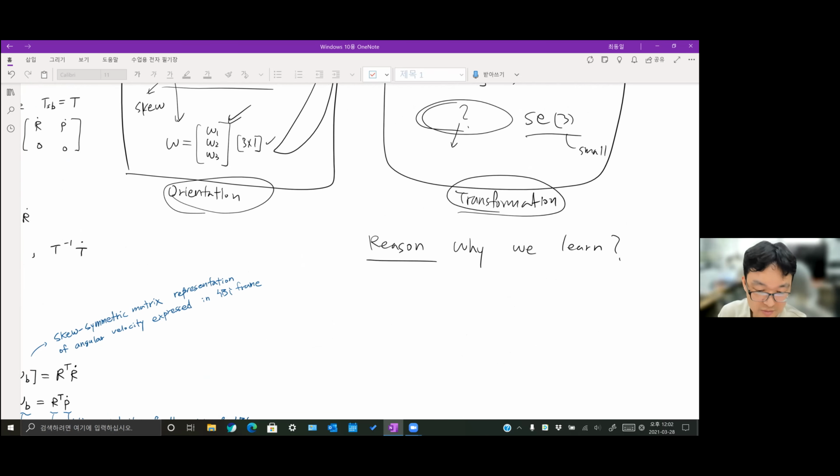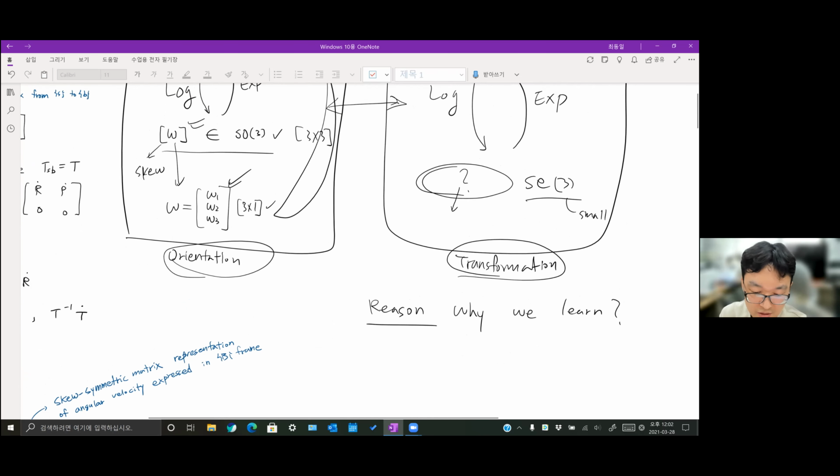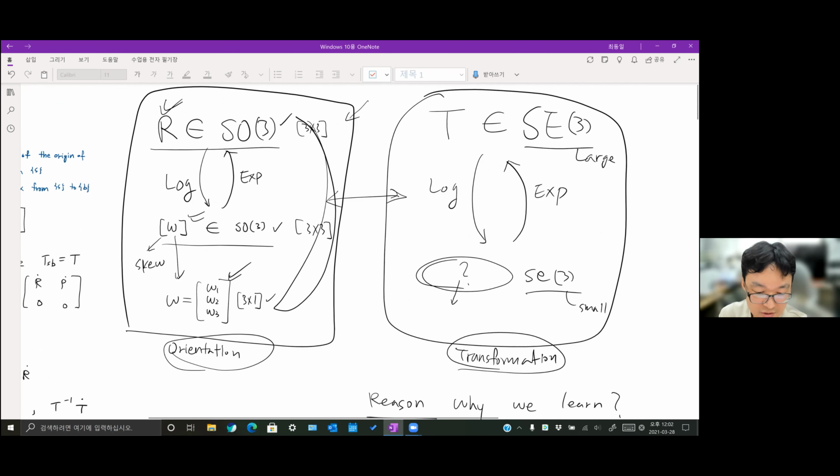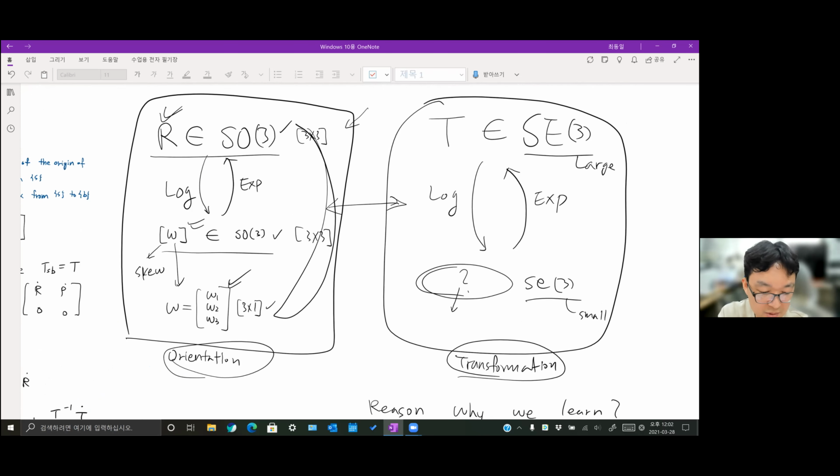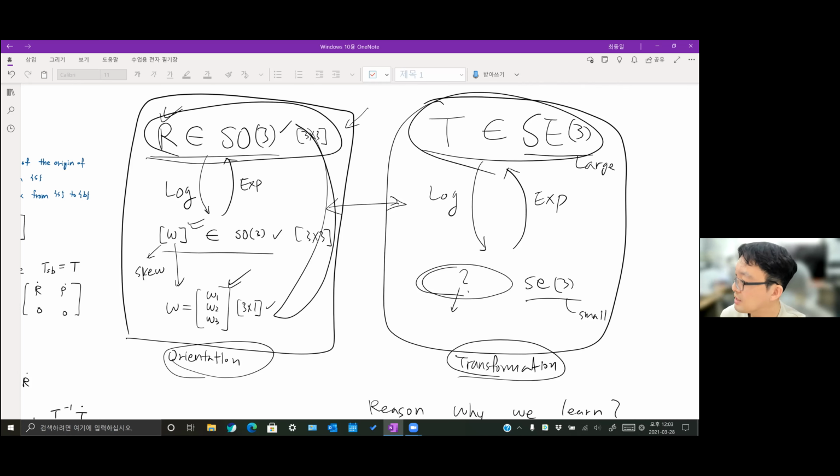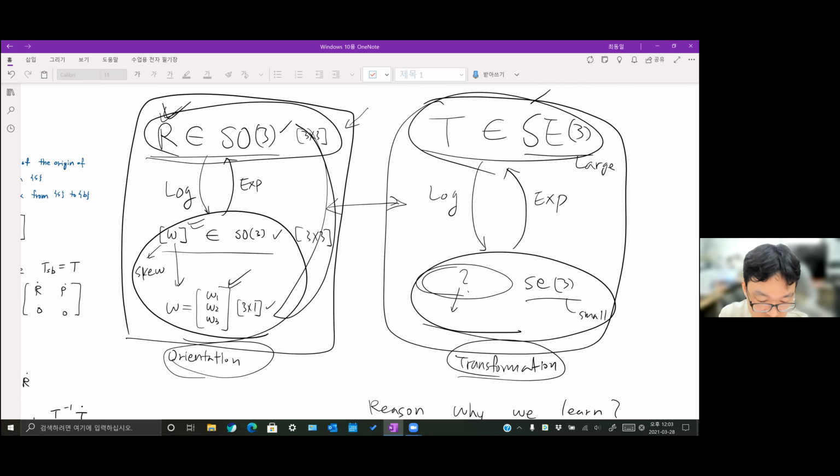Actually, in the undergraduate case, we only learned about this one and this one. If you have taken a robotics class, you are already familiar with these. But this one is a little bit of a new concept.